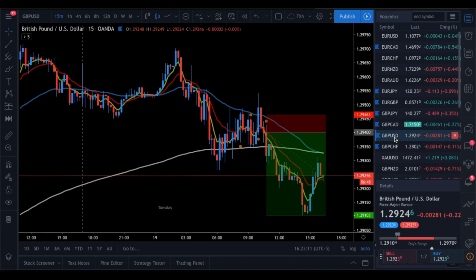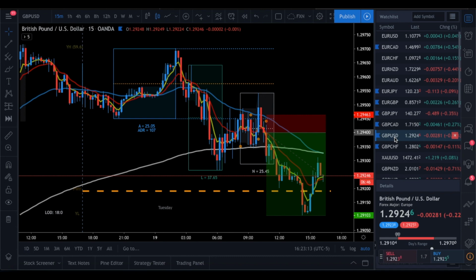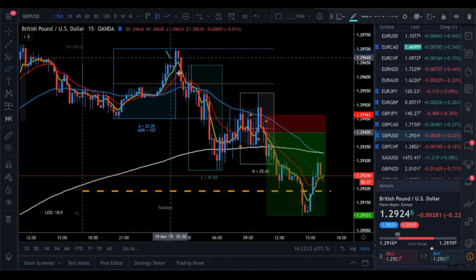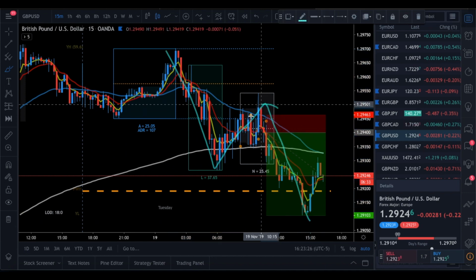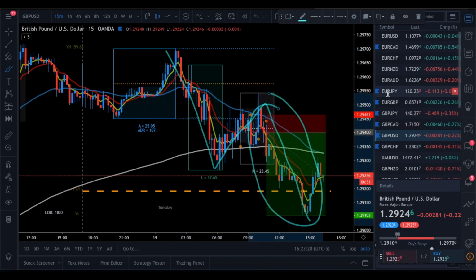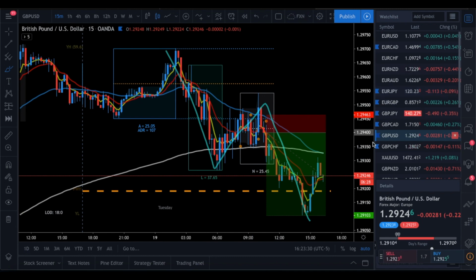So Pound USD basically was a continuation trade off of the move that happened during London. So continuation trade meaning, like London, we had a move down, and then we had a retracement, and then a move down again. So this move here was the trade during the US session. All right, there was no trade setup here during the London session.